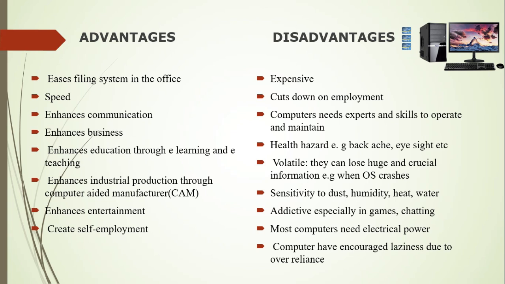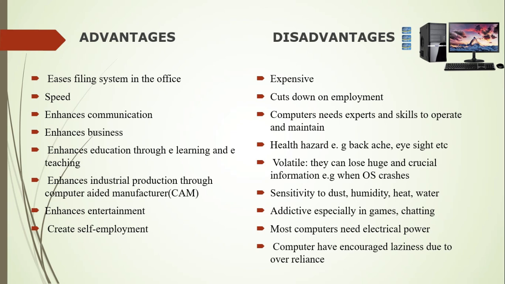It enhances education through e-learning. For example, what we are doing is e-learning and e-teaching. You just learn virtually. The teacher is not there, but at least you can access the materials and get to understand. It enhances industrial production through computer-aided manufacturing, that is CAM. When you look at some of the best vehicles in the world, a company like Tesla uses robots and artificial intelligence to produce its vehicles.